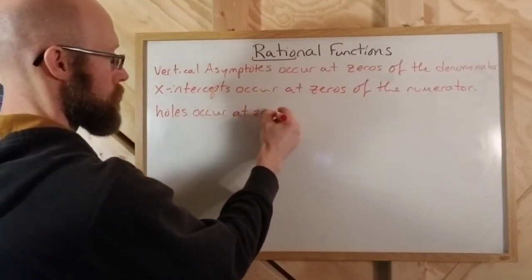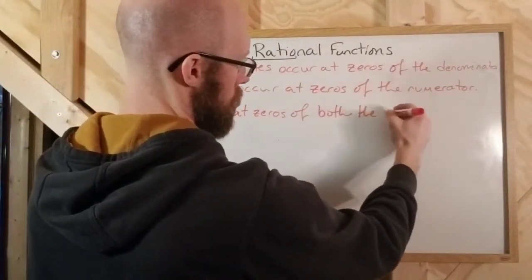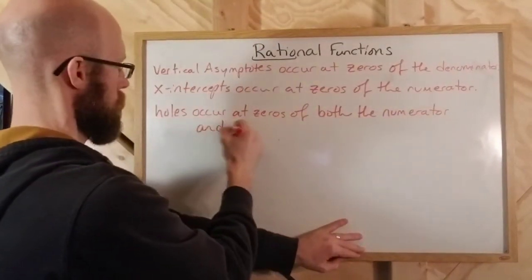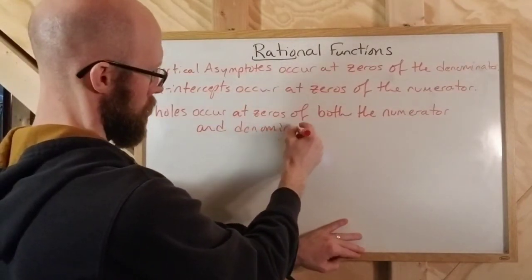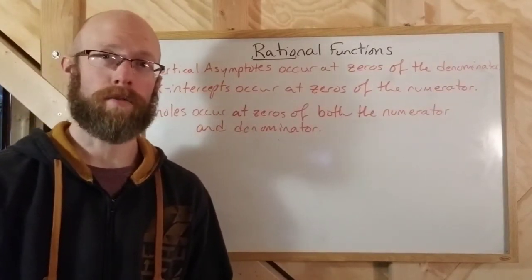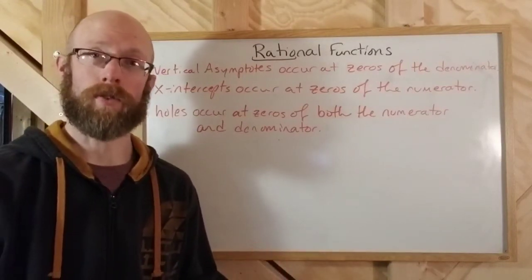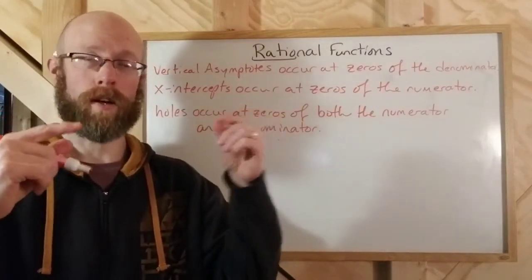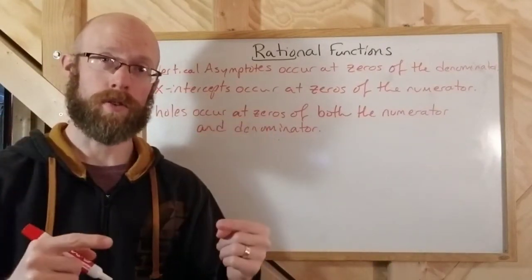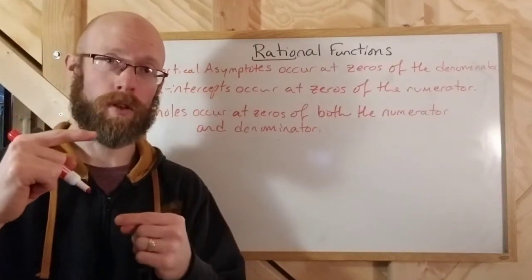So if we're trying to find different features of the graph, once we get a rational function, numbers that are zeros of the numerator only will give you x-intercepts. Numbers that are zeros of the denominator will give you vertical asymptotes, and numbers that are zeros of both will give you holes.